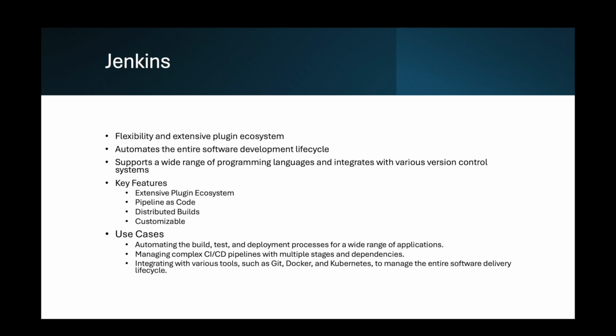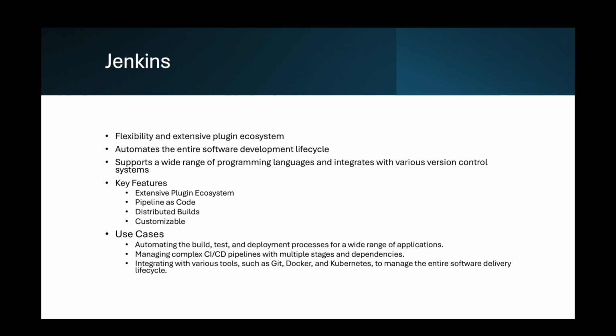It supports a wide range of programming languages and integrates with various version control systems, making it a versatile choice for CI/CD pipelines. Some of the key features include an extensive plugin ecosystem, with over 1500 plugins available for integration with other tools and services.